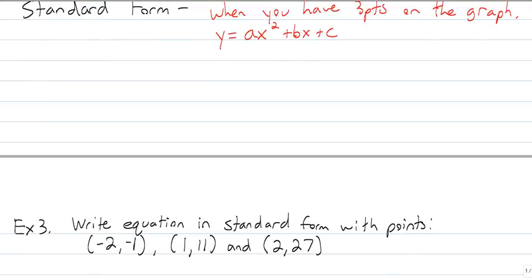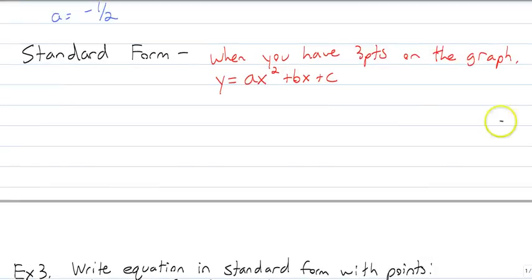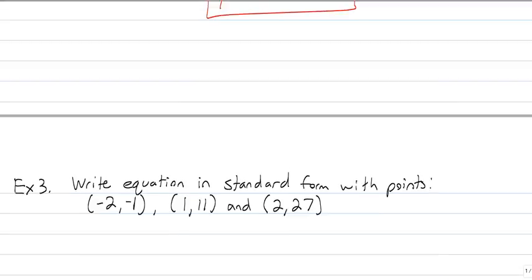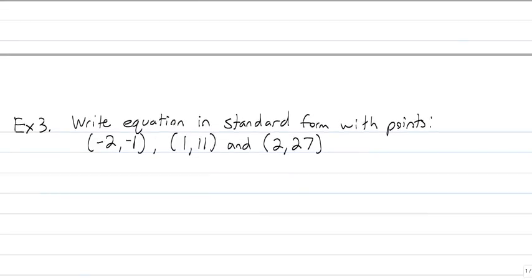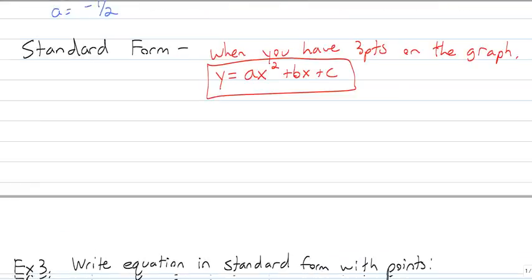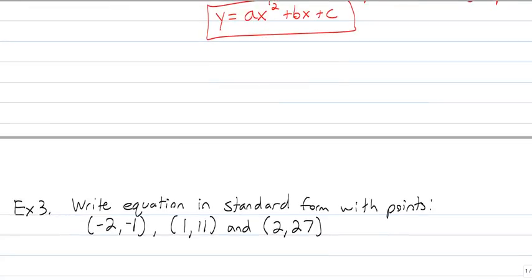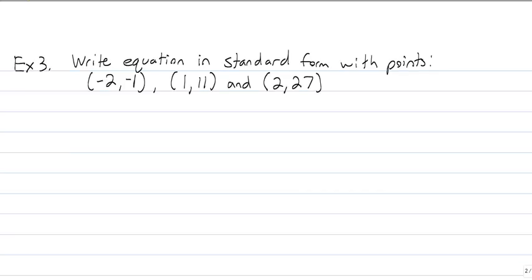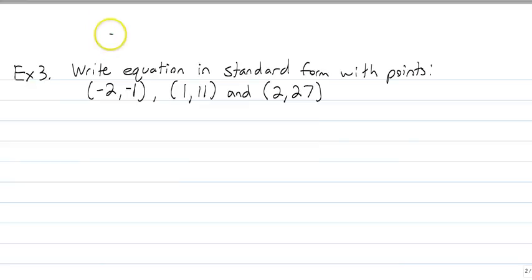Let's do the problem. So this is the standard form, and let's go down to example 3. Write the equation in standard form with the given three points. Basically what happens is we need to figure out what a, b, and c are. So we're going to be doing a 3x3 system here. I'll rewrite standard form up here just so we can look at it.